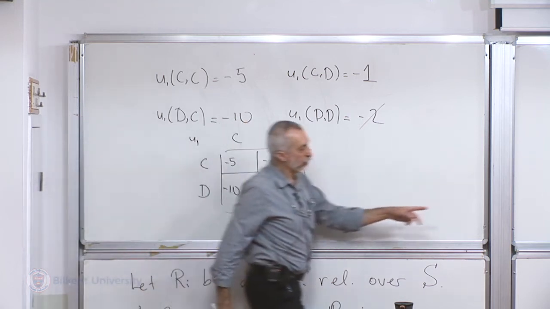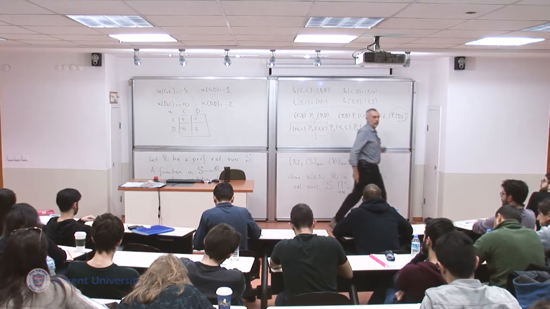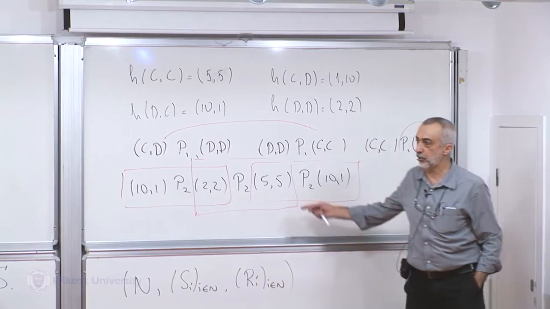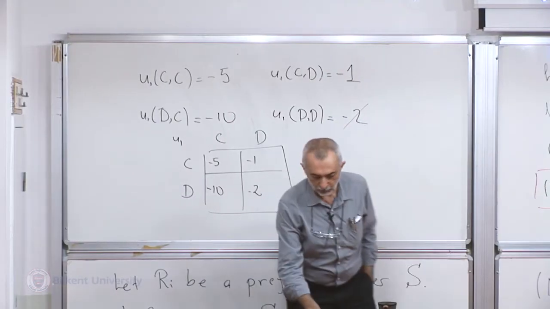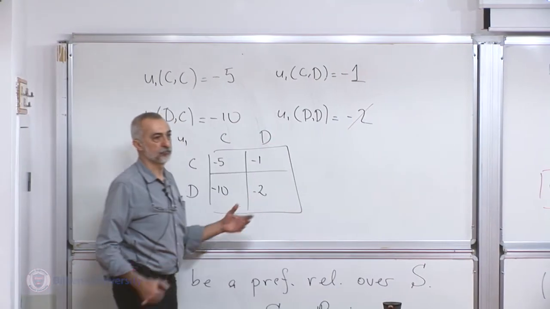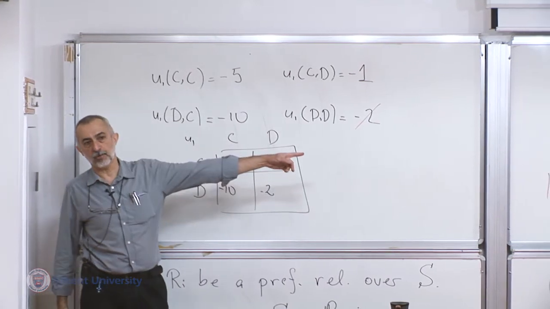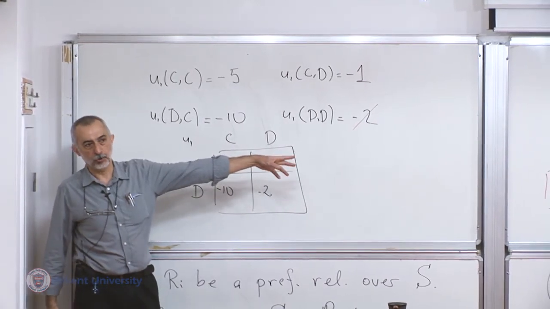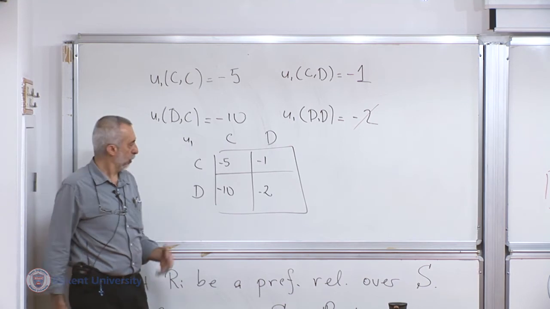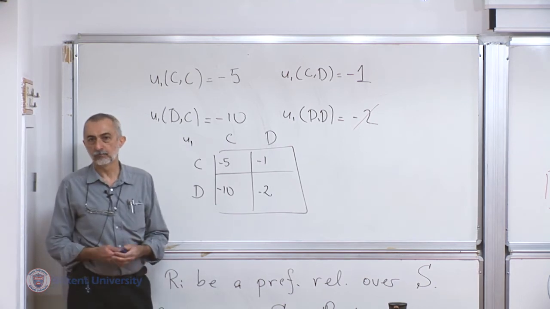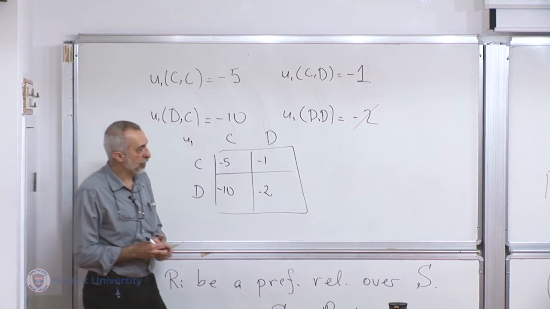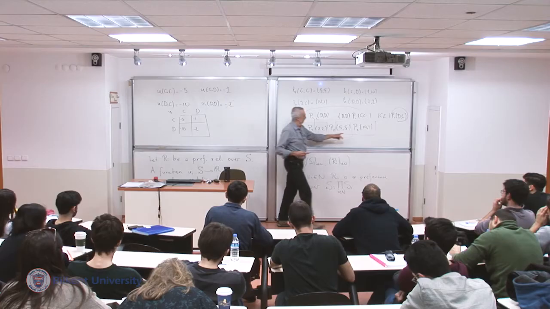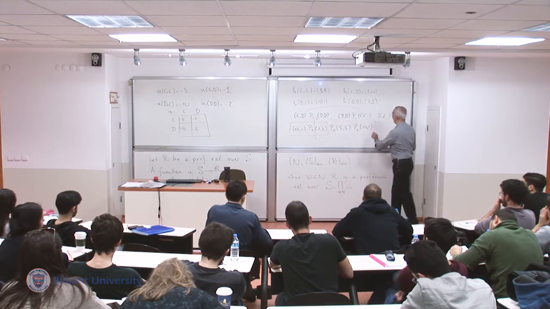Well, now I need a numeric representation of the preference relation of player 2. Actually, why not use the same table? Write down in this table a numeric representation of the preference relation of player 2. So which cell do you want to start with? Let me write the profiles.